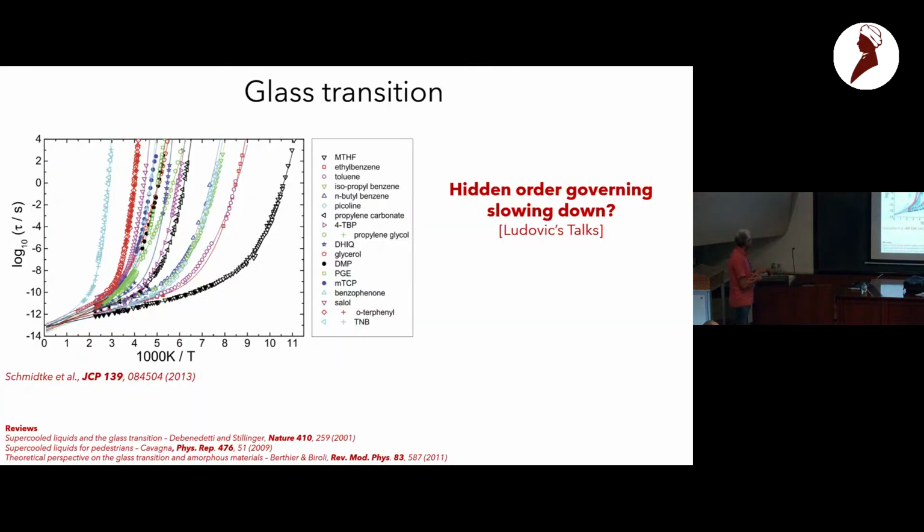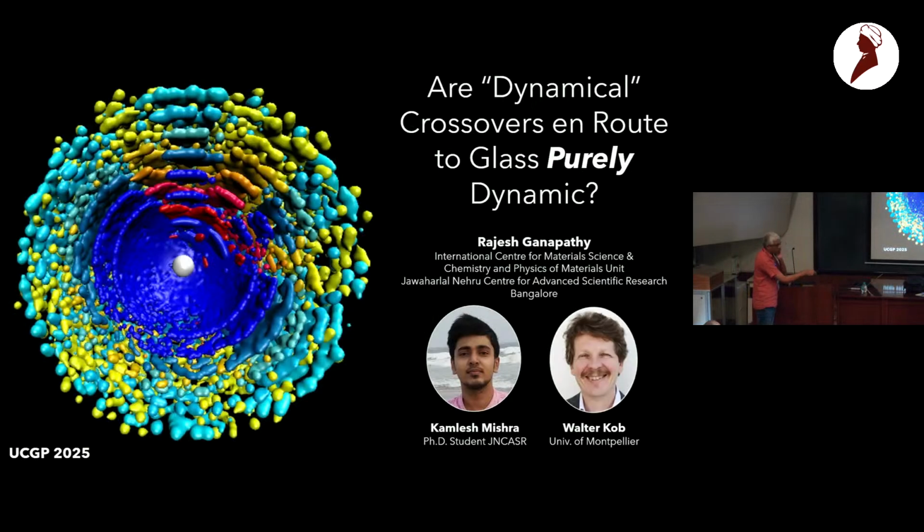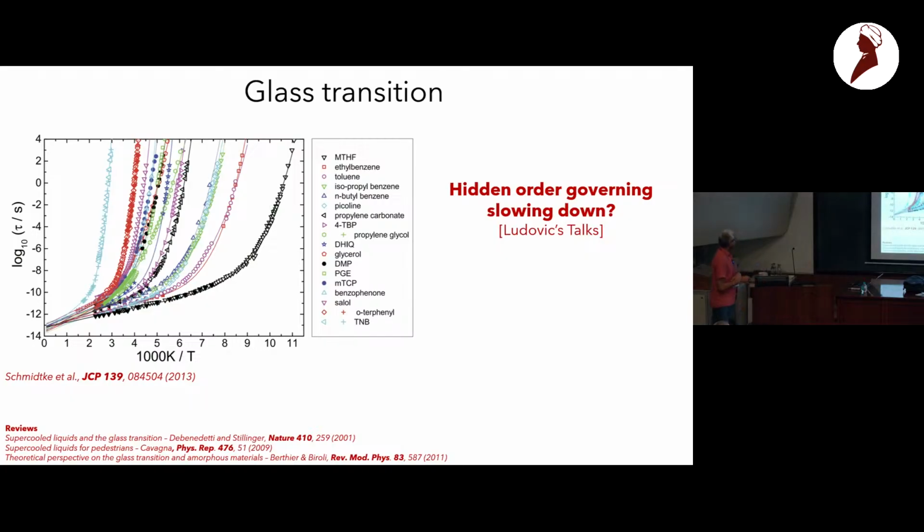Okay, so everything that can be said about this plot has already been said. And by the way, this is work done by Kamlesh, who's here in the audience. He's equally adept at doing simulations as well as experiments. He's co-guided by Walter, so this is work that's been going on for the last couple of years. Okay, so everything that can be said about this plot has been said. You can view it through different lenses, like Ludovic pointed out.